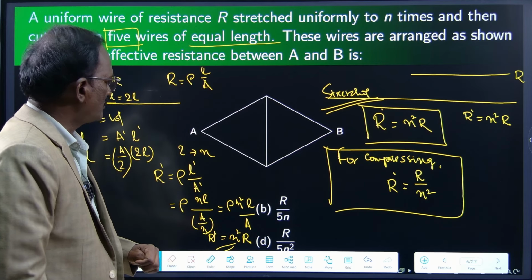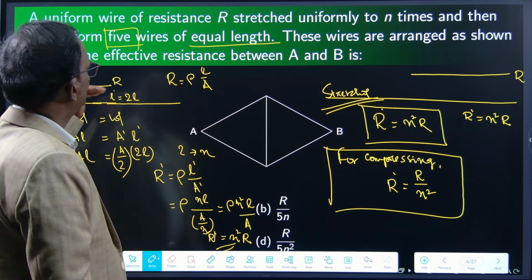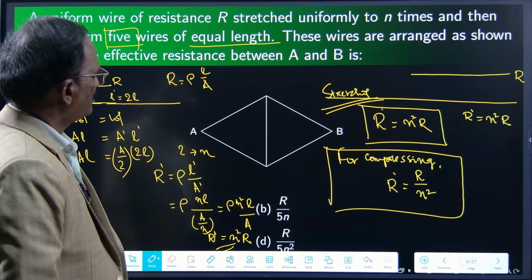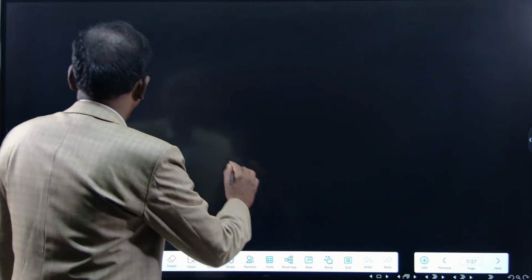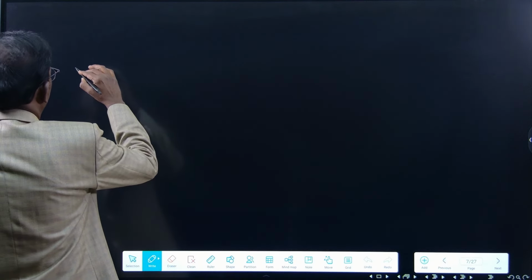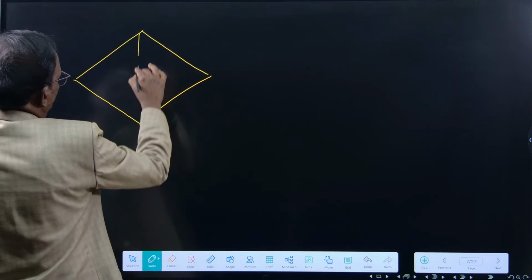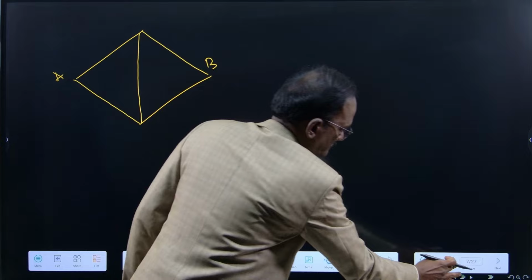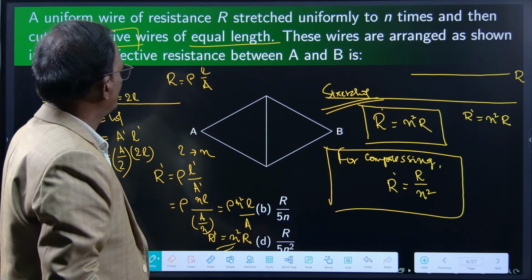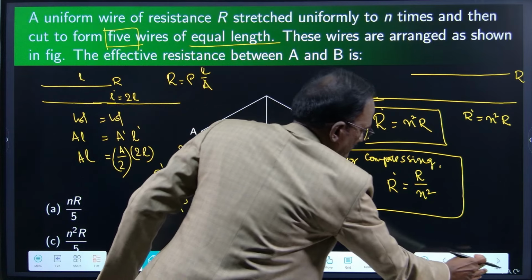Let us go to the problem, right? This is one wire. The whole value is R. This is the arrangement they are giving, A, B. R ohms stretched n times, 5 wires.